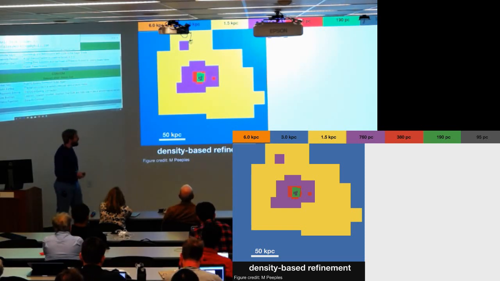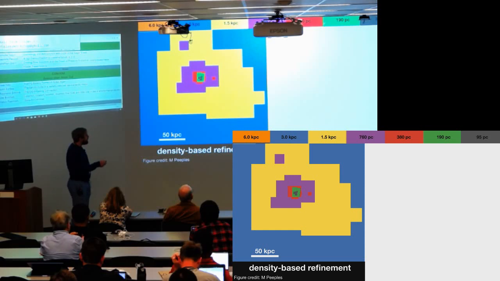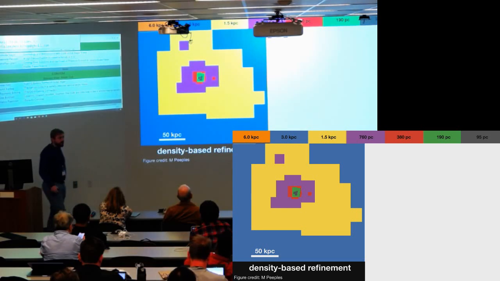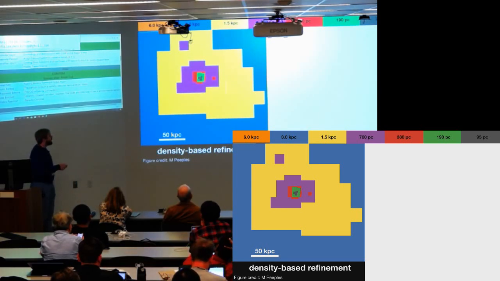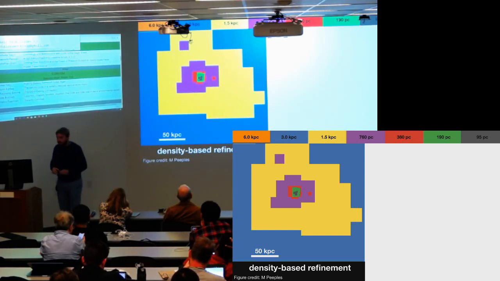So you end up assigning a lot of resolution to the dense ISM, in this case at 100 parsec resolution, and you leave the CGM around galaxies at a coarse resolution, something in the 1 to 6 kpc range. We're interested in studying the CGM in detail.